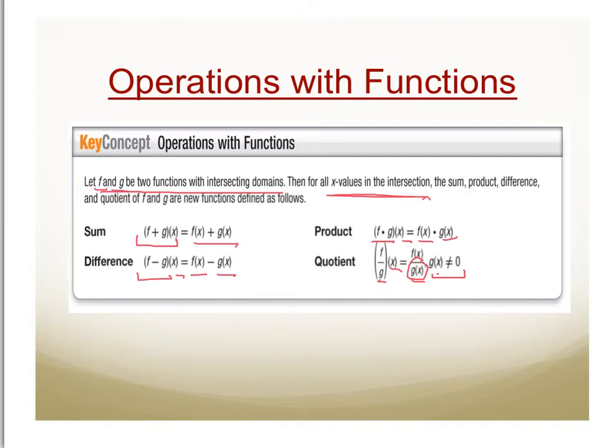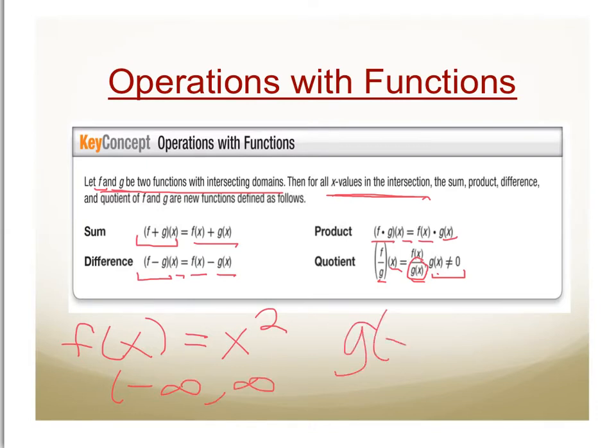So for instance, if f of x had a domain of, let's just say, we're going to use the function x squared, and the domain would be negative infinity to infinity, and g of x was 1 over x plus 3, my domain would be negative infinity to negative 3 union negative 3 to infinity.